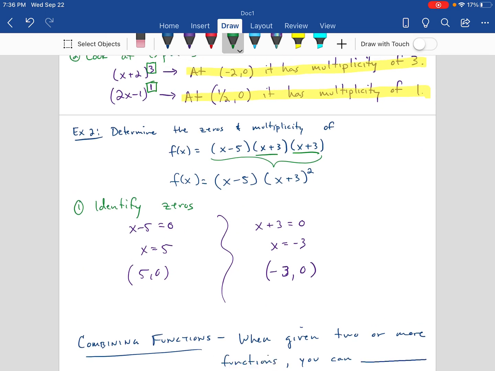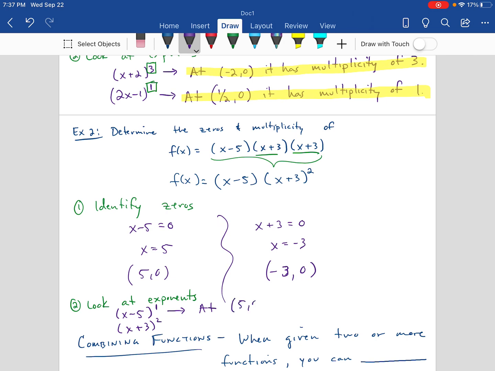Then I'm going to look at my exponents. I have (x minus 5) and (x plus 3) squared. The first has an exponent of 1 if they don't write one.